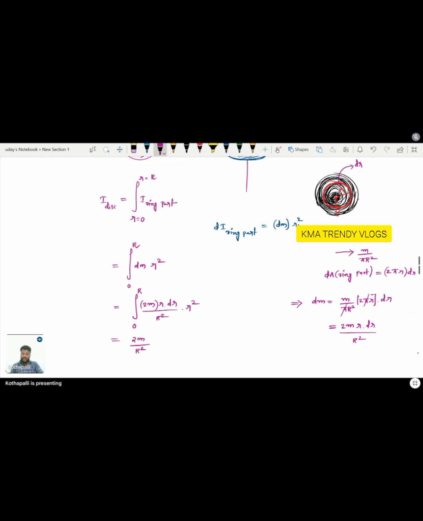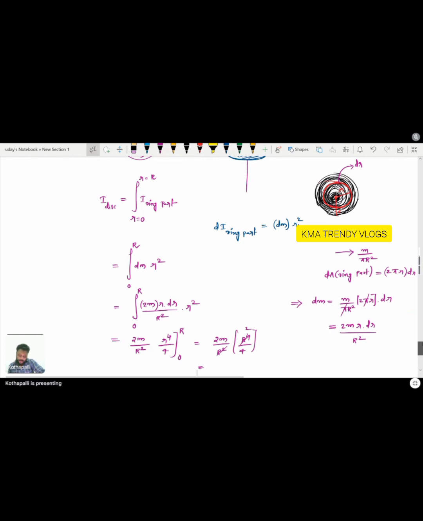Here one r, here r square, so r cube dr, which is r power 4 by 4 for the limits 0 to capital R. If I substitute it, 2M by R square into upper limit r power 4 by 4 minus lower limit, which is 0. So in the R power 4, R square times will get cancelled.